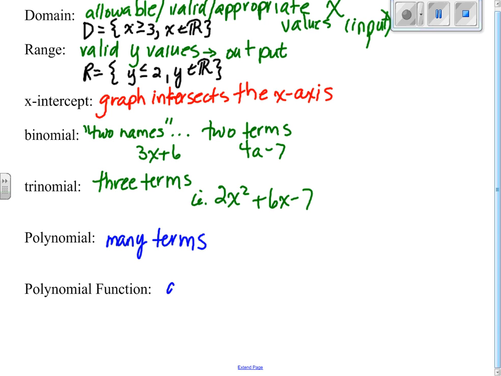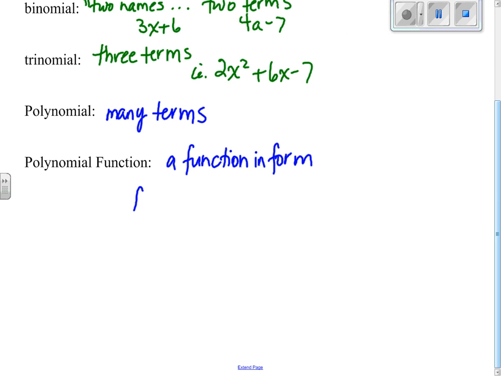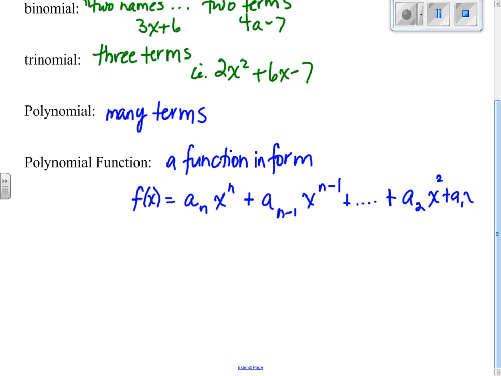A polynomial function is a function in the form f of x, function notation, equals a_n x^n plus a_(n-1) x^(n-1), don't panic, all the way to the end, a_2 x squared plus a_1 x plus a_0, where n is a whole number and is the degree of the polynomial.